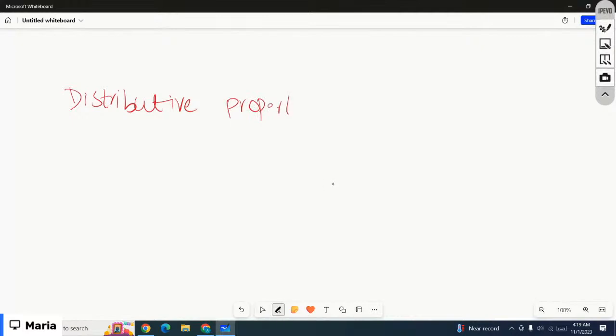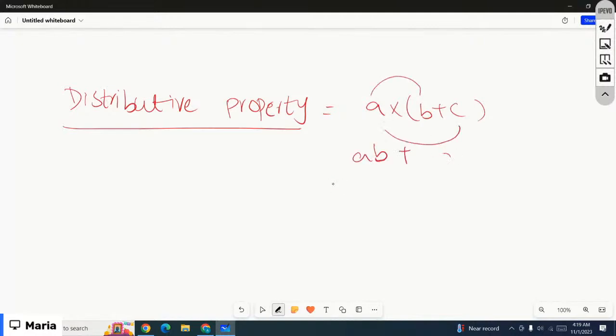The distributive property involves addition and multiplication both, right? For example, you have A times B plus C. So you can write it like this: A times B plus A times C. So it is distributive, means it is distributed over the addition.